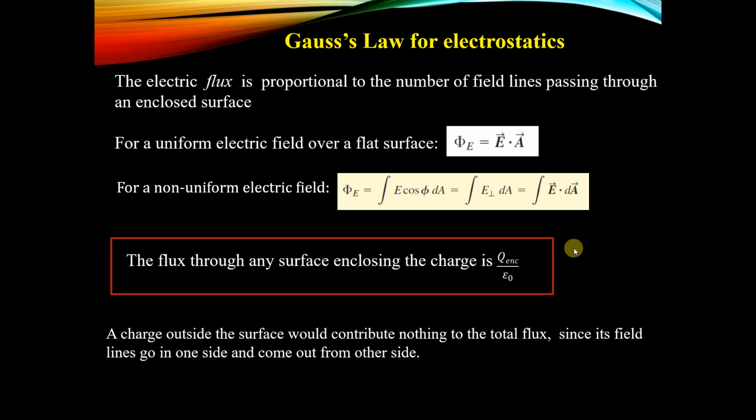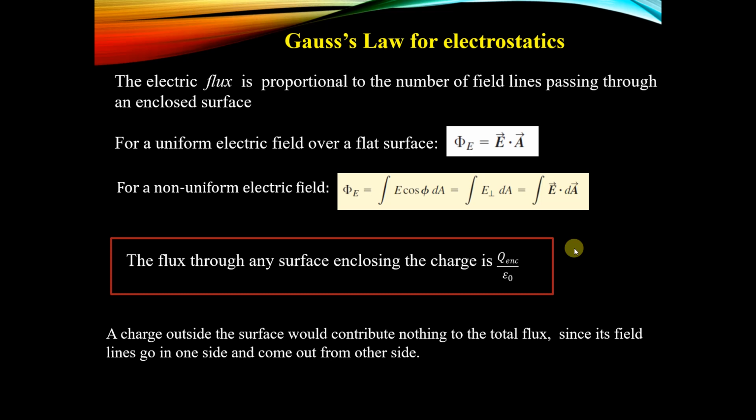Now what if there was a charge lying outside? If there is a charge kept outside this particular surface which we have considered, then it will not contribute anything. What will happen is that the electric field lines from the charge, if they enter the surface, will also go out of the surface from another side.